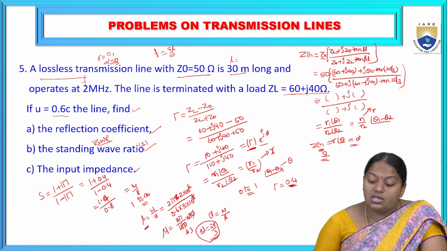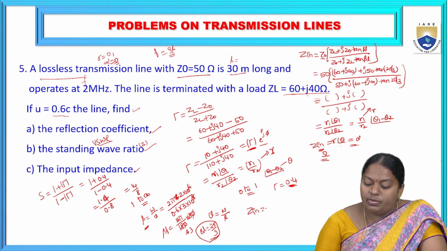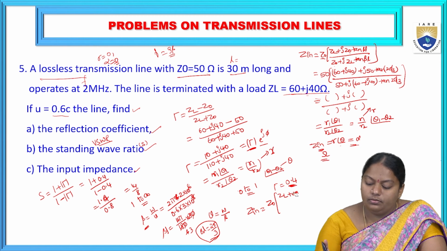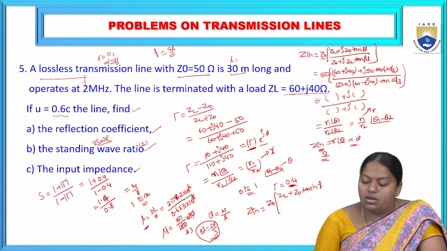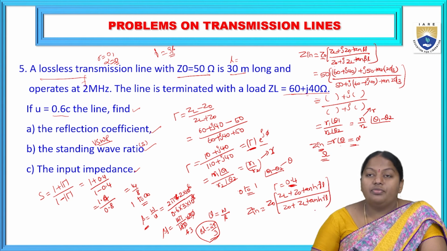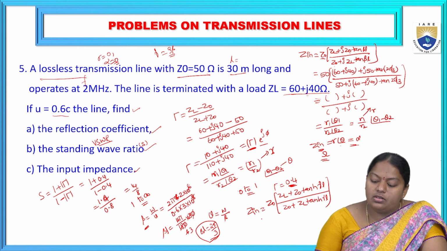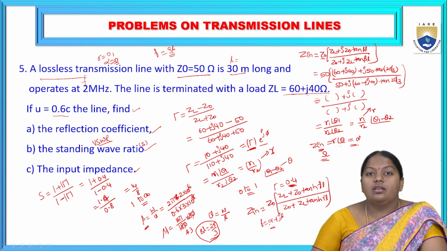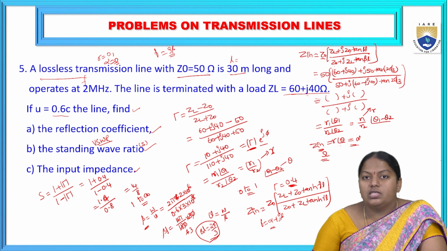If it is a lossy transmission line, the input impedance is given by Zin is equal to Z0 into ZL plus Z0 tanh gamma L by Z0 plus ZL tanh gamma L. If gamma exists, consisting of alpha plus j beta, then alpha exists in that particular case, and the line is said to be a lossy line.